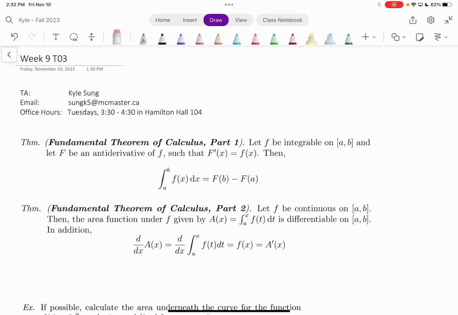The first part tells us that if you have an antiderivative, we can tell the entire area underneath the function just by the value of the antiderivative at the endpoints over an interval. The second part tells us that the integral and the derivative are inverse operations. We're going to use both of these parts to help us solve some questions.